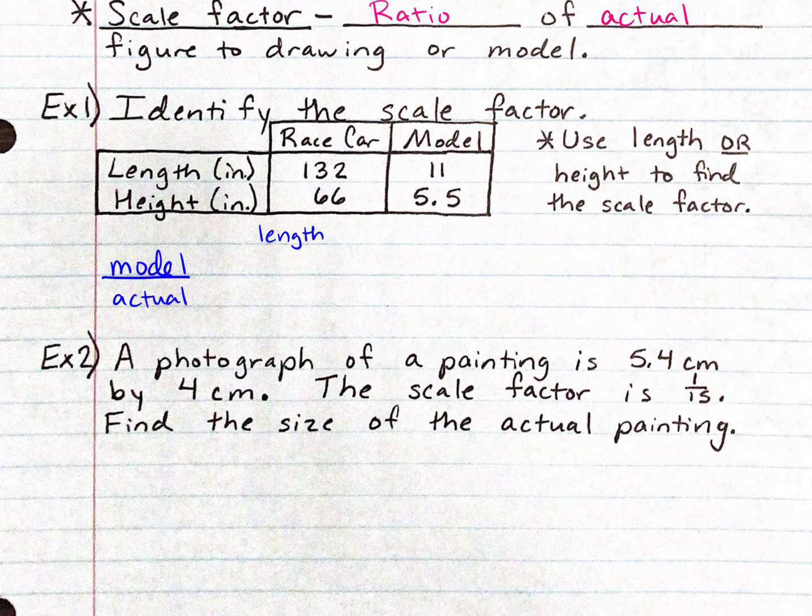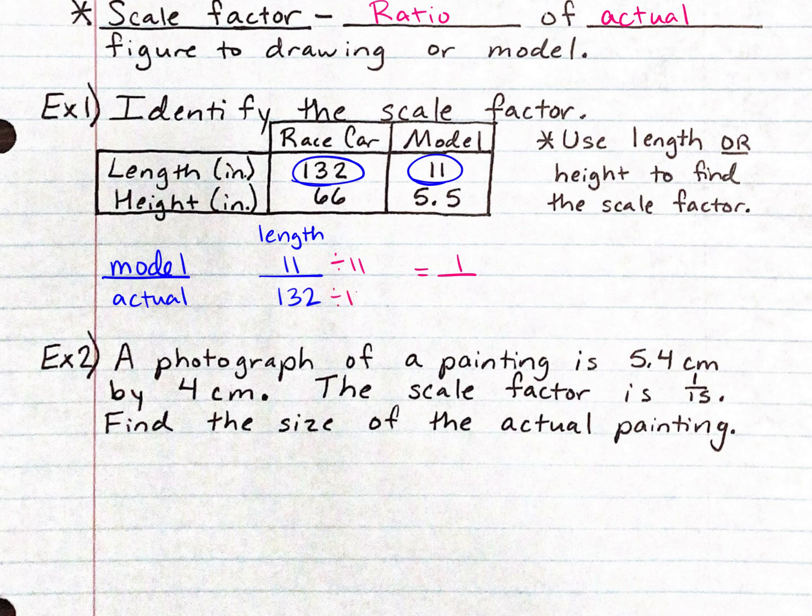So I'm going to use length. The length of the model is 11 inches. The length of the race car, which is the actual object, is 132 inches. And we're just going to reduce this fraction. I do want my top number to be a 1. So to do that, I'm going to divide by 11 because I know that's going to give me 1.